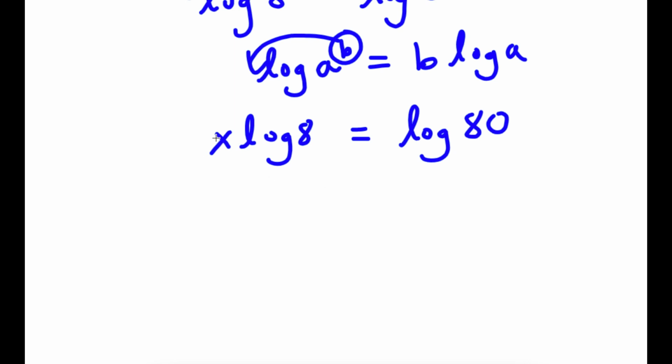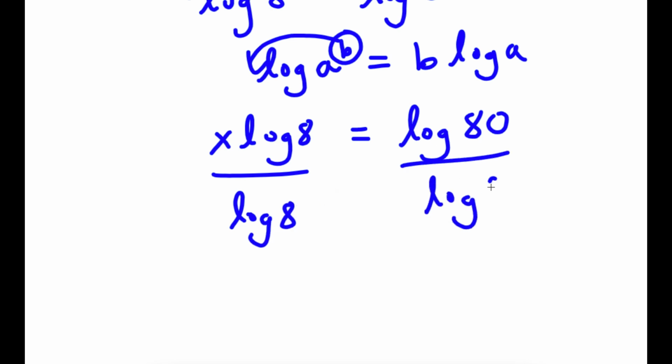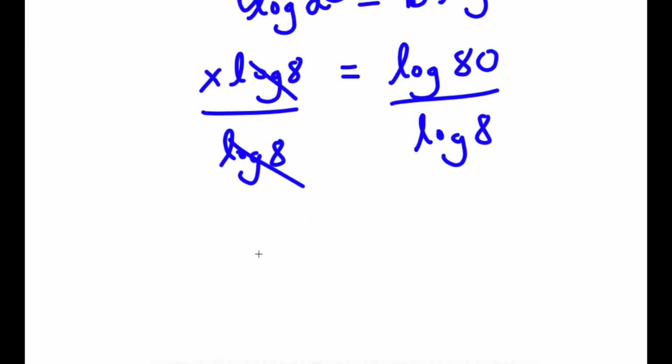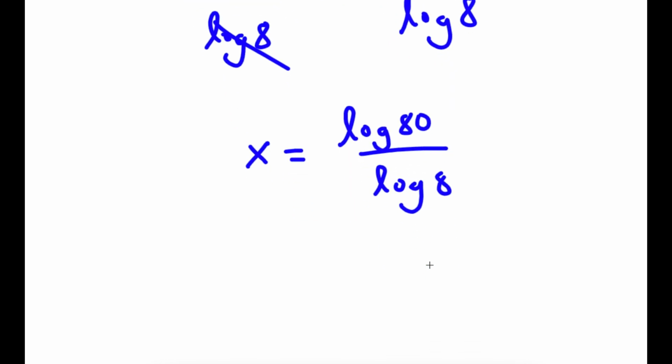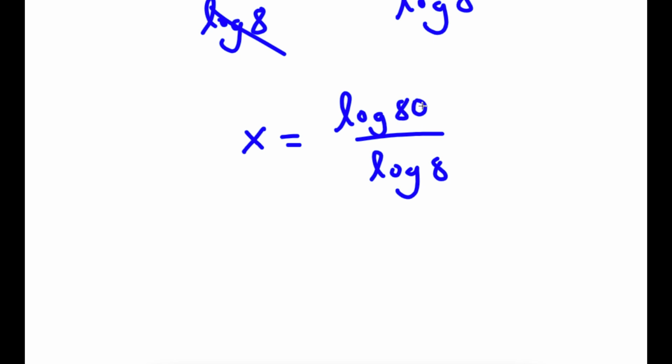So now we want to isolate x here. So I'm going to go ahead and divide both sides by log 8. So I can move log 8 to the right-hand side. So now on my left-hand side, these two are going to cancel out. And now I have x is equal to log 80 over log 8. So now log 80 here, well, 80 is the same thing as 10 times 8.